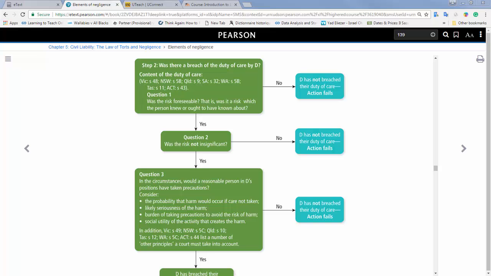So this all depends, of course, on how probable the risk is and how serious the harm is, but also how much you would need to pay in order to remove this risk of harm.